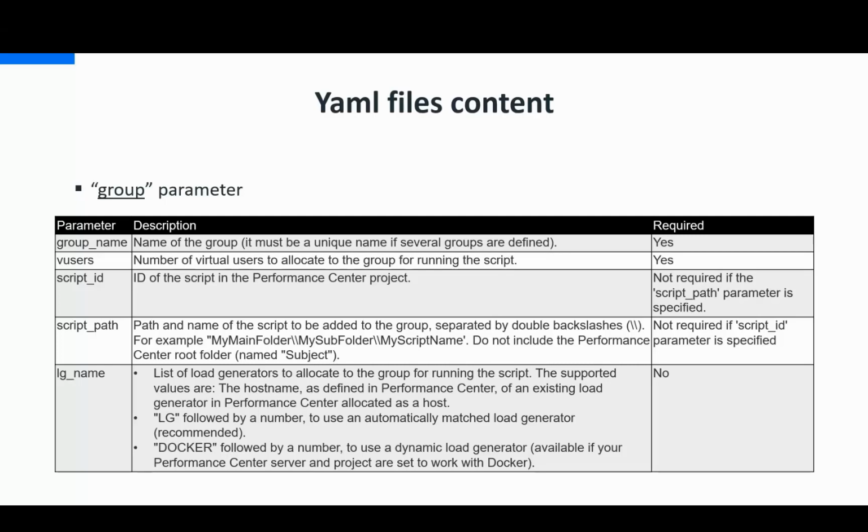If you don't know the script ID and you want a fully automated process, then you will probably not know the script ID. In this case, you just need to specify the script path in the Git repository, because the plugin will be synchronizing the script at the same location on the Performance Center test project as it is in the Git repository.